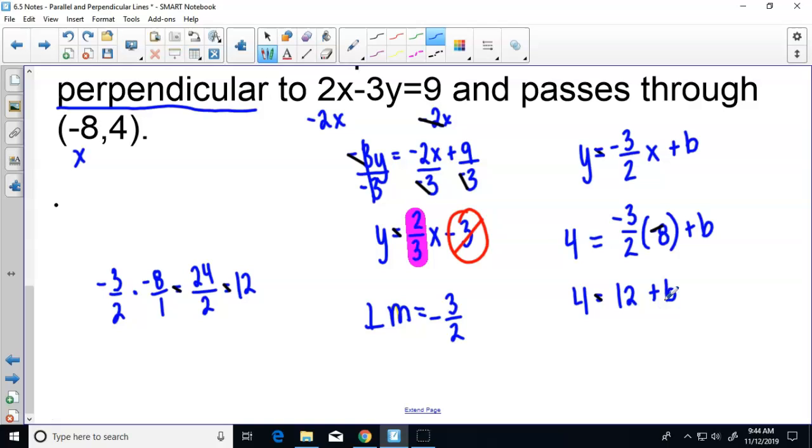All right, keep going. What do I do next? Is 12 multiplied by the b? Subtract. Okay. All right, 4 minus 12, what do we get, Aiden? What kind of 8? So -8 equals b.